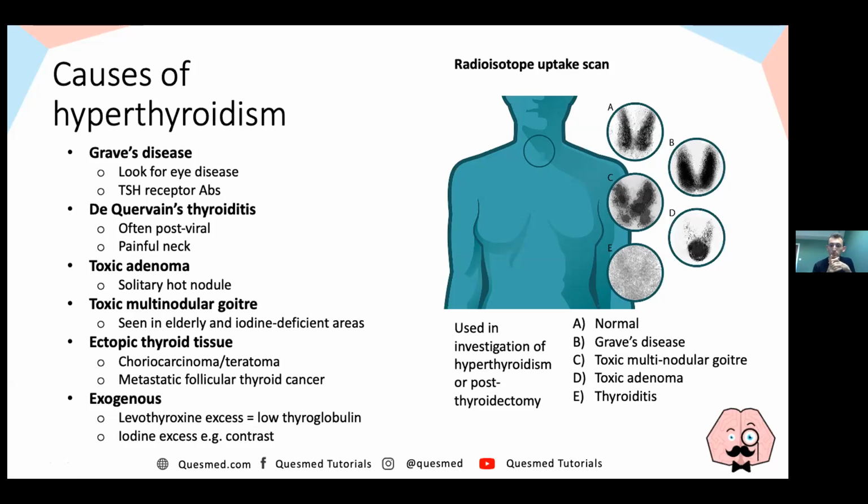In toxic multinodular goiter, you get increased uptake in some areas, slightly increased in some areas, not so much in other areas. If you have a toxic adenoma, you have a significantly increased radioisotope uptake in one area and reduction in uptake in the other areas. And in thyroiditis, you tend to see a reduction in uptake of the isotope.